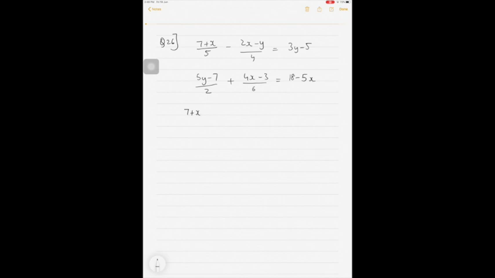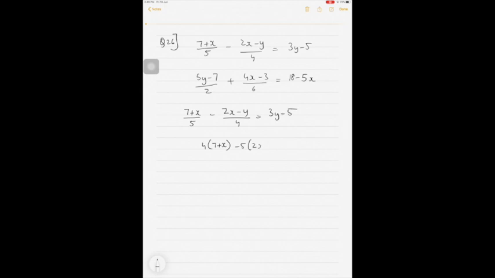I'll write down the first equation first, which is (7 plus x) upon 5 minus (2x minus y) by 4 is equal to 3y minus 5. I want this equation to look like ax plus by plus c is equal to 0. In that format, I want this in that format.